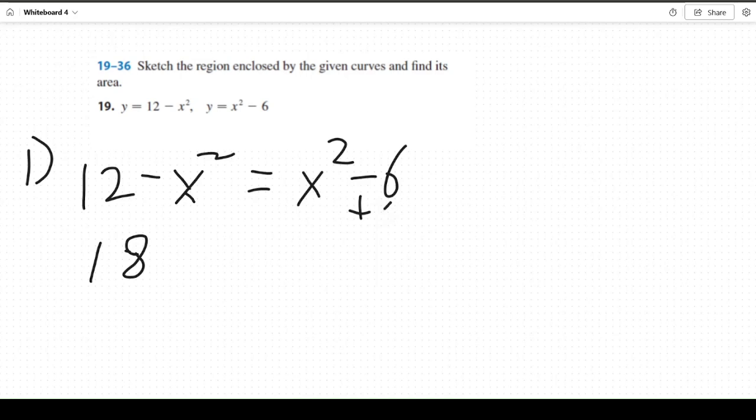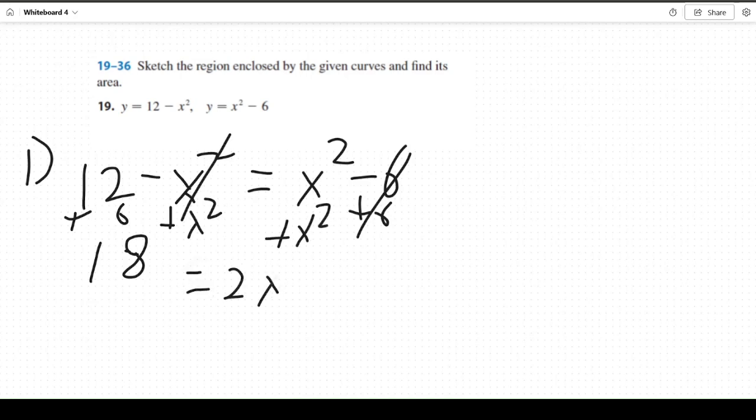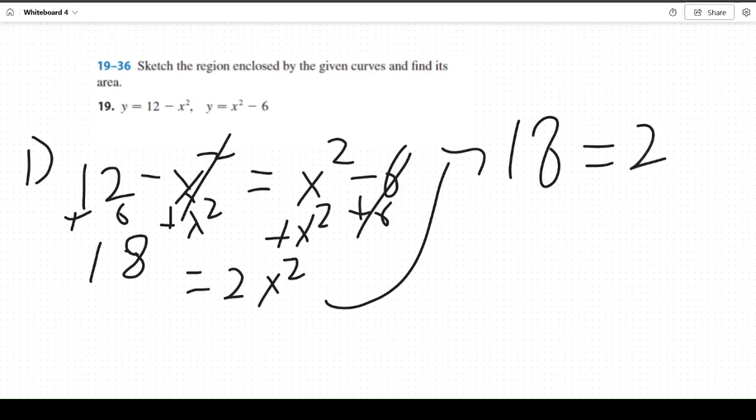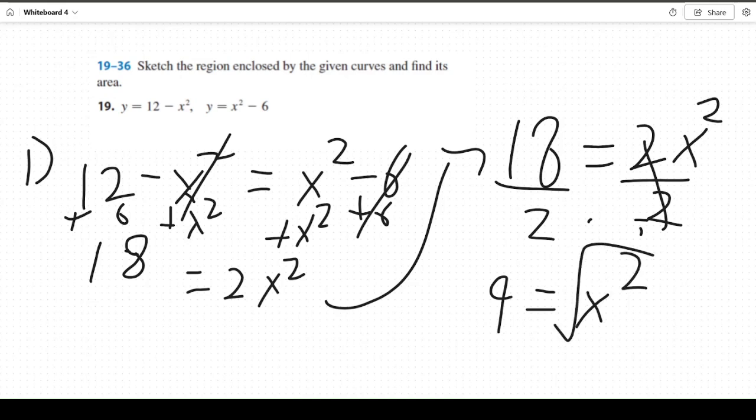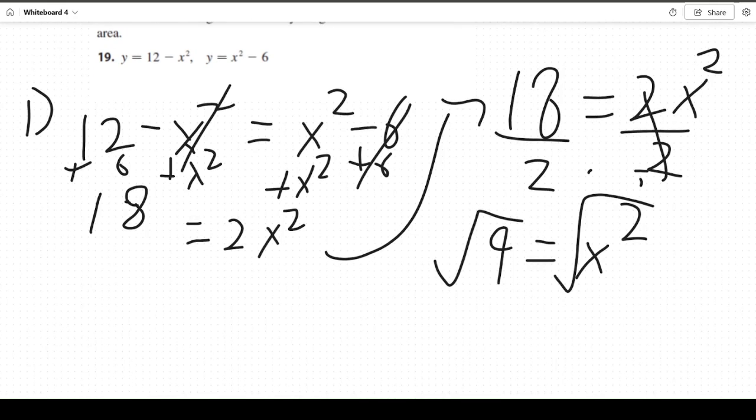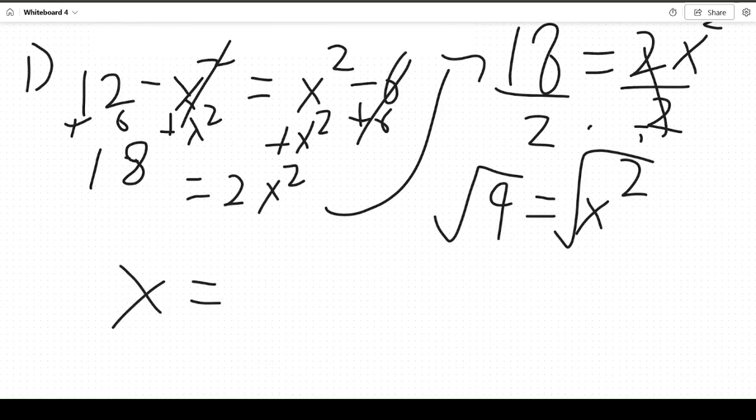So 18 equals 2x squared divided by 2, so x would be equal to 3.